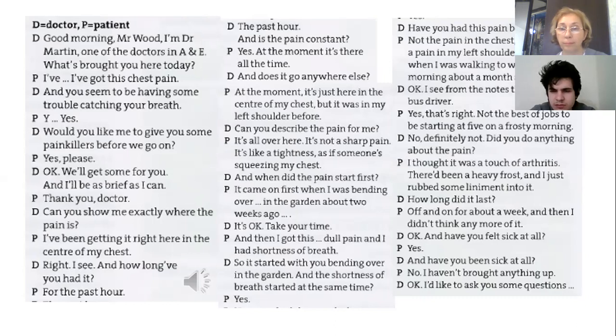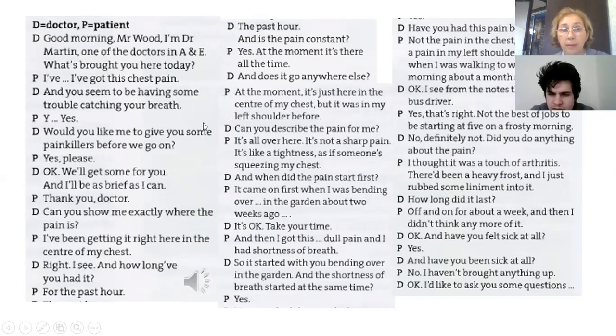I thought it was a touch of arthritis. There'd been a heavy frost and I'd just rubbed some liniment into it. How long did it last? Off and on for about a week. And then I didn't think any more of it. Okay. And have you felt sick at all? Yes. And have you been sick at all? No, I haven't brought anything up. Okay. I'd like to ask you some questions.